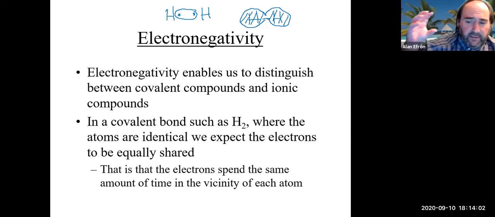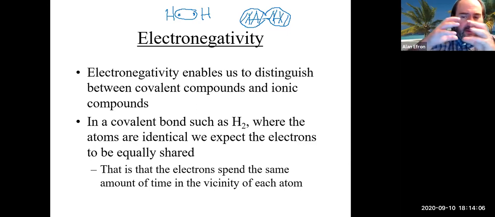One hydrogen is going to pull just as much as the other hydrogen. So those electrons in the middle will spend an equal amount of time between the different hydrogen atoms. And we would expect that the electrons would be shared equally.